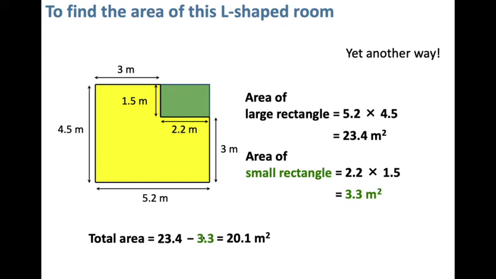Then you get the area of the shape that you wanted, which is the yellow one. Hopefully that makes sense. You've got more than one way of doing these things.